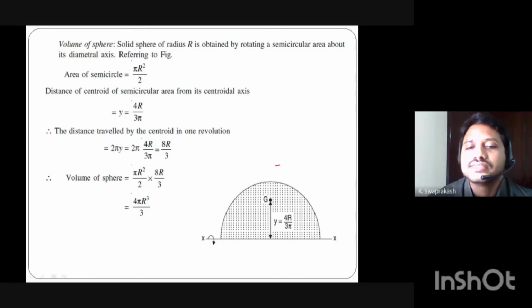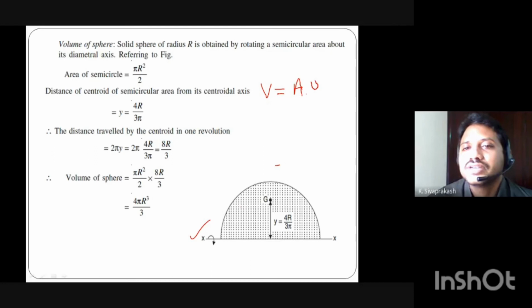Now this semicircle area is revolving about the non-intersecting axis, the x axis. Now the volume generated by revolving a semicircle area is, according to theorem 2, the product of the area of the semicircle and the distance traveled by its centroid in one revolution.